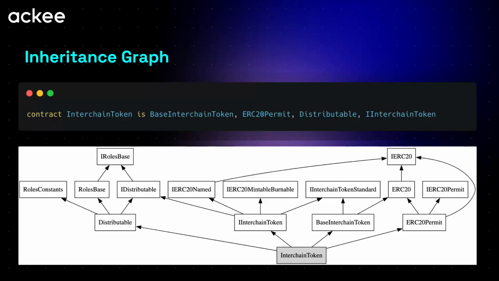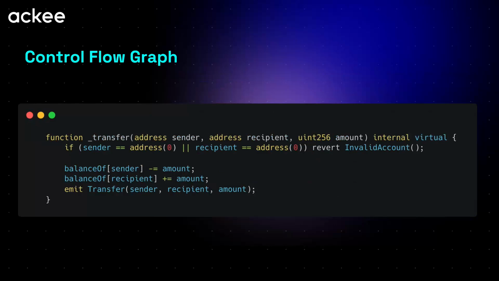Yep, now here come the graphs. Graphs are pretty useful if you are auditing bigger projects and you want to see the overview of the project. Here's the example for inheritance. So the inheritance graph can transform this inheritance chain into this inheritance tree. Control flow graph.